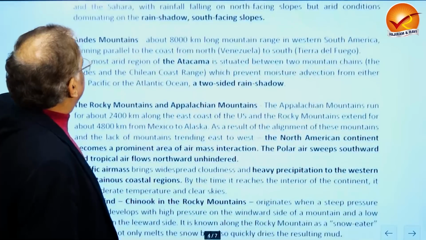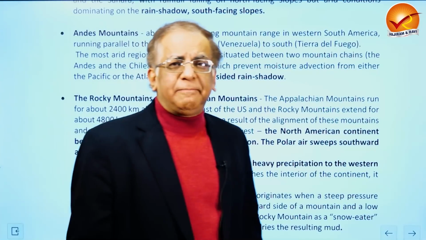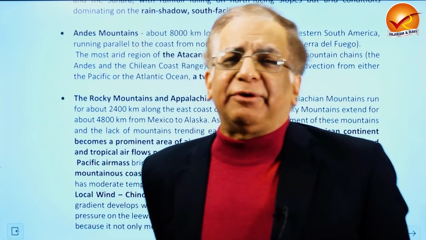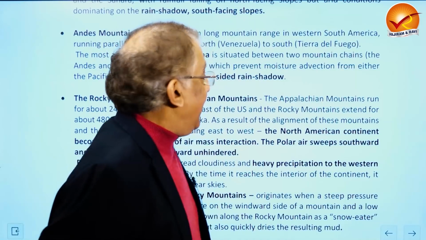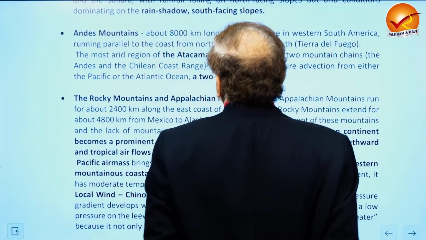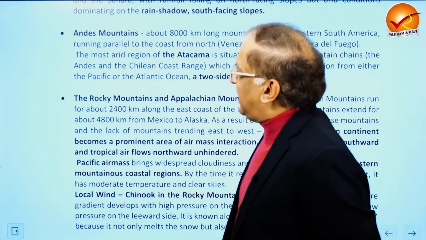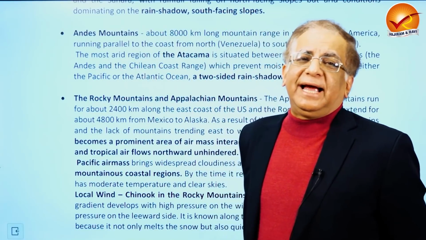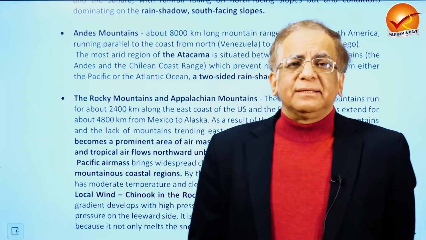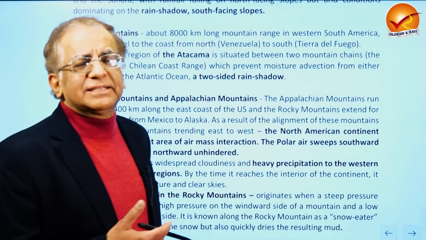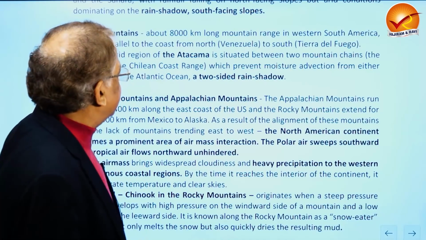Now similarly we go for the Andes Mountains in South America. You all know the Andes are running from north to south along the western side of South America, and this particular example is related to the Atacama Desert.